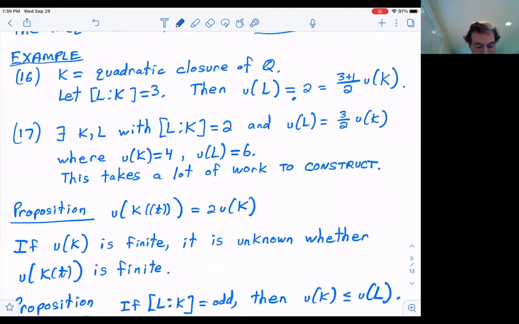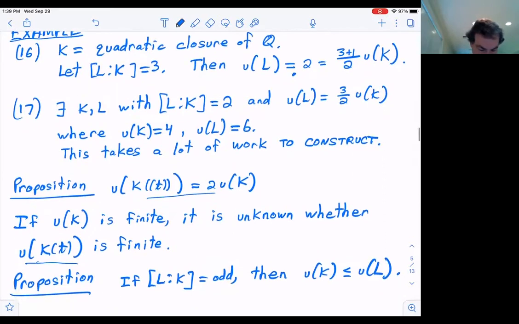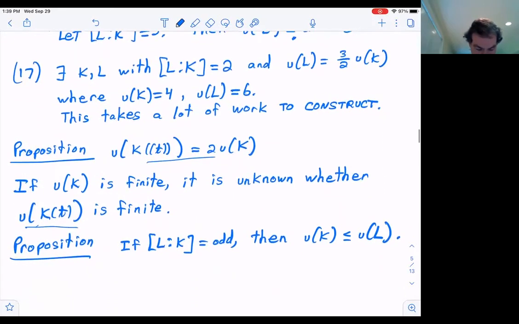So this turns out to be relatively easy. However, if the U invariant is finite, it is completely unknown whether the U invariant of the rational function field is finite. We know very, very little. This is a very difficult object to get a hold of. So we don't know whether that's even finite.